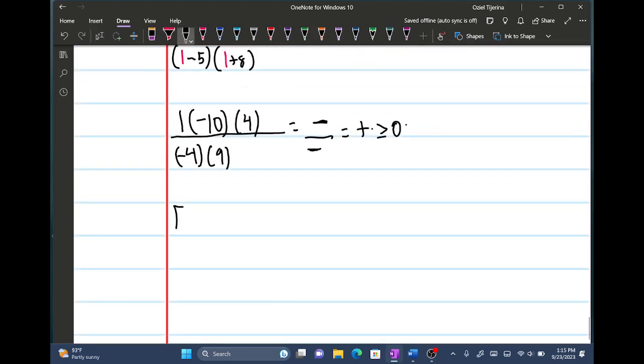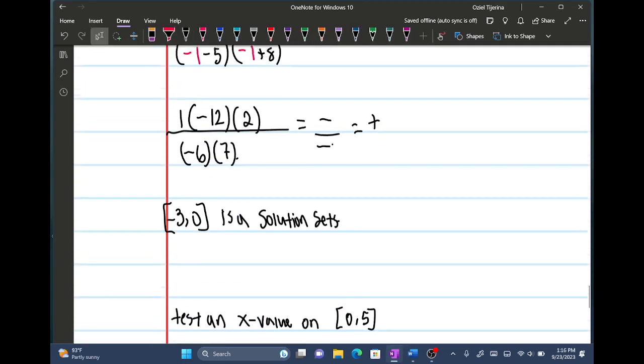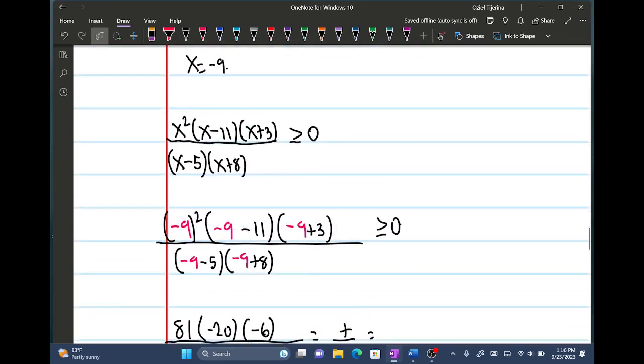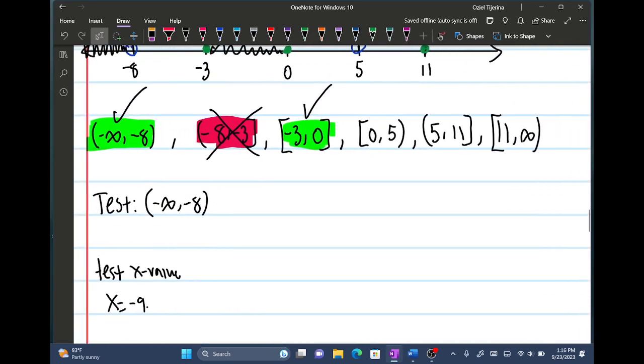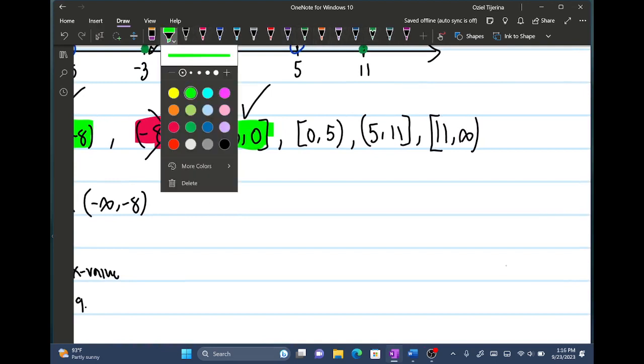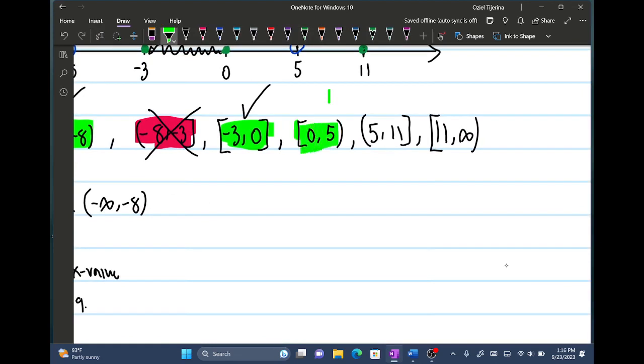So 0 to 5 is a solution set. So it works. On our number line, we're going to go back up here and highlight it in green, stating that it works. So if I do that, I know that this works.